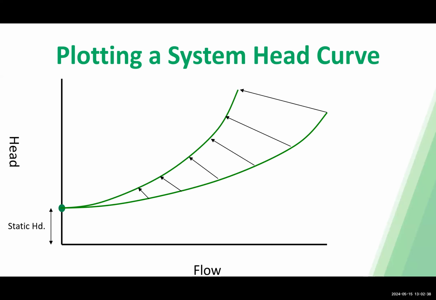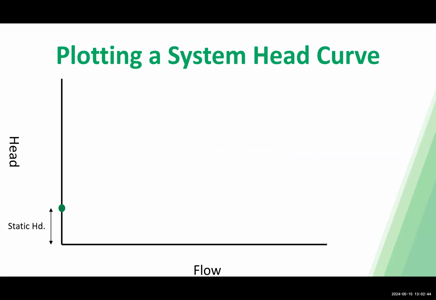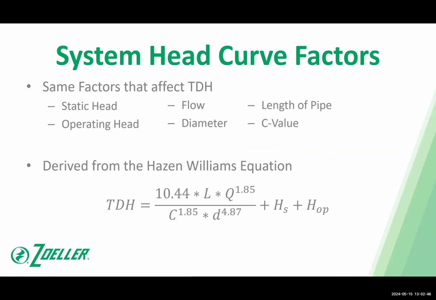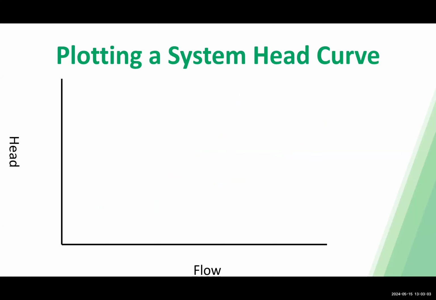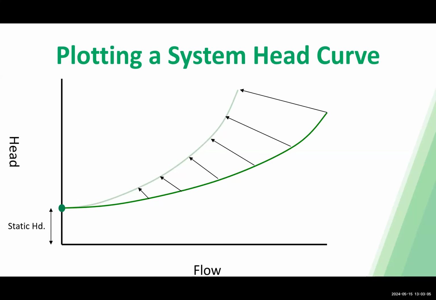Mainly, you're going to do that by either decreasing the size of your pipe, because you'll notice with that previous equation, when you decrease the size of the pipe, your total dynamic head is going to increase. Whereas if you increase the total equivalent length of your pipe, that is actually going to also increase your total dynamic head, so your final values. So that is one thing that you can do.